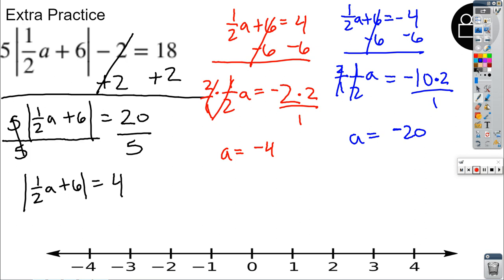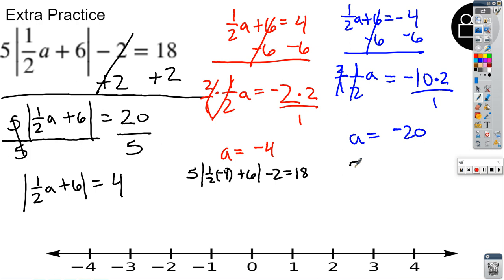And then now I can just set it up and see, will they work for my equation. So 5, absolute value half of negative 4, plus 6, minus 2 equals 18.